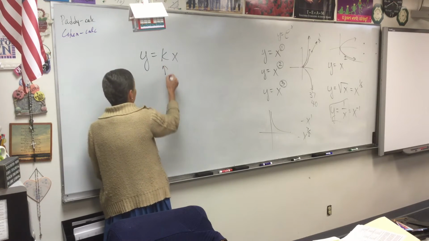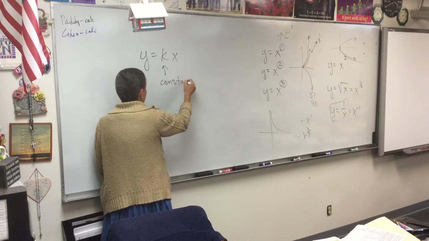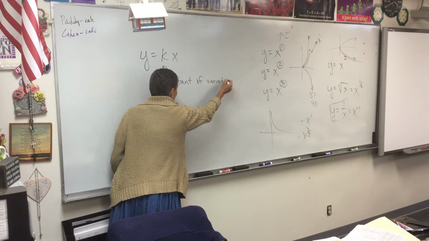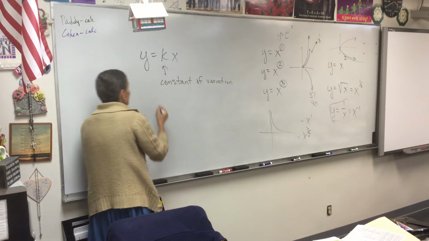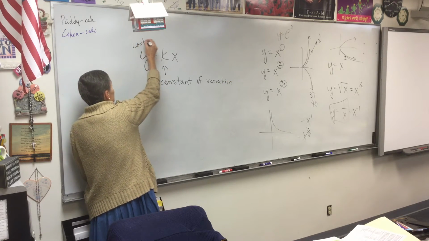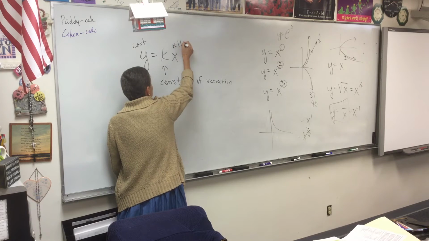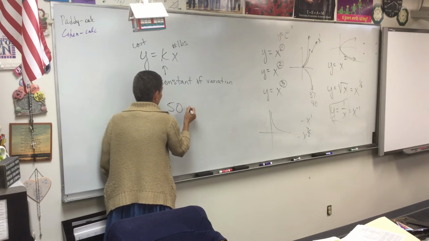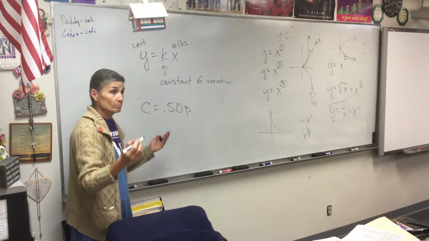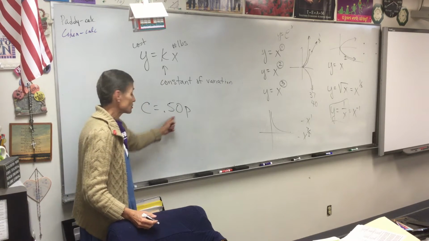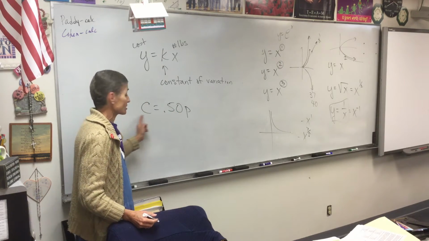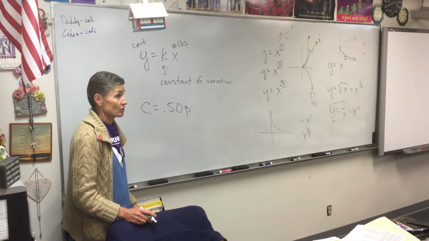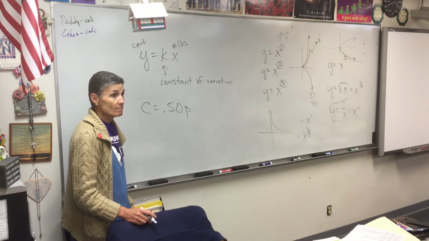K is called the constant of variation. It's the same as the slope. So in my banana problem, if this is the cost and this is the number of pounds, then C would equal 0.50p, right? 1 pound of bananas cost me 50 cents. 2 pounds cost me $1, and so on. That is direct variation. Okay?